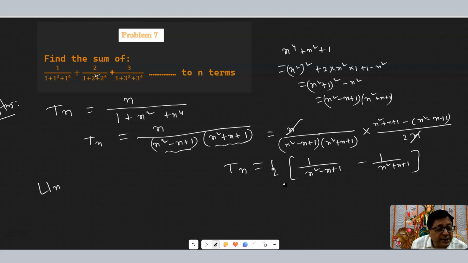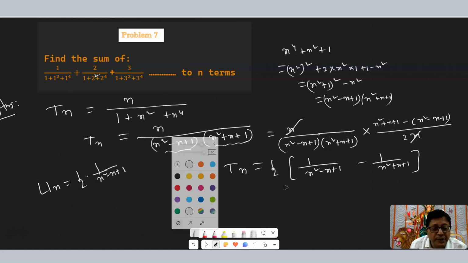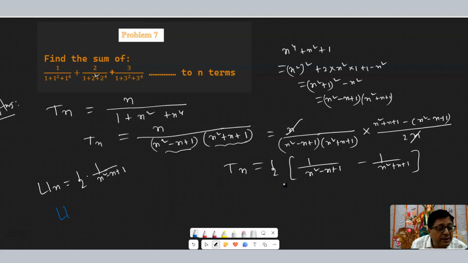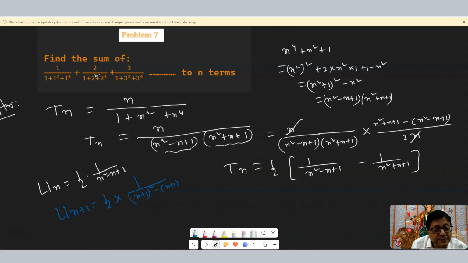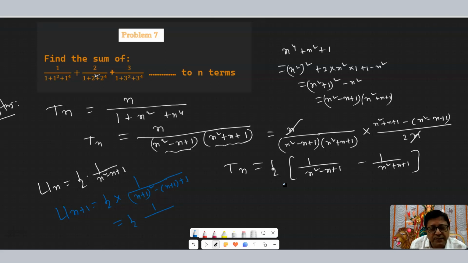Now somebody has taken un equal to half into 1 by this. If you have taken that, what is un plus 1 going to be? Un plus 1 you can find easily. Un plus 1 will be half into, just replace n by n plus 1, plus 1. Half into, you simplify it.